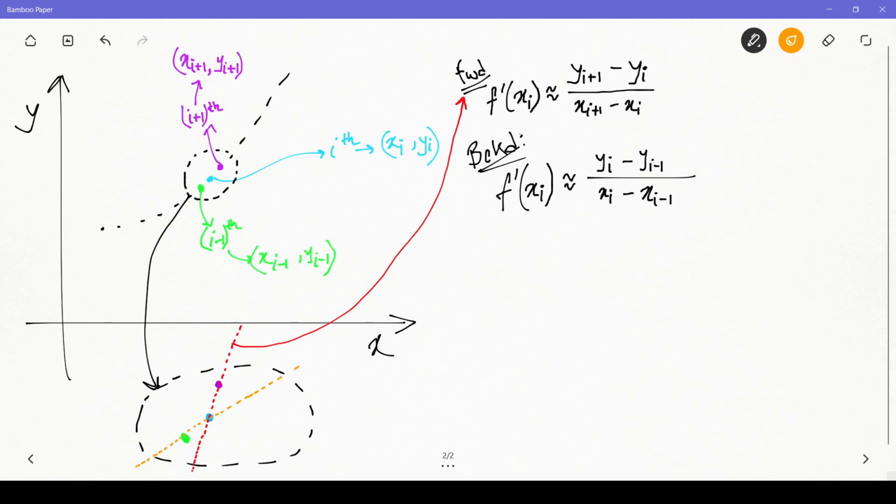Okay, so this orange or yellow colored straight line that I have drawn through the green point and the blue point, which are respectively my i minus 1th point and the ith point, the slope of that straight line will be an approximation of my first derivative at the point x sub i comma y sub i, which is the ith point, the blue colored point over here.